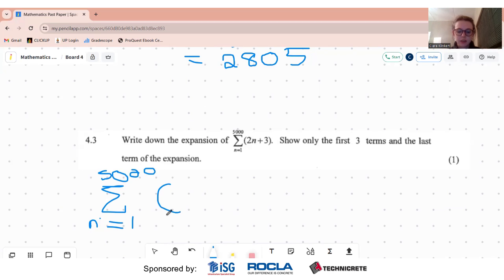What you put in the brackets is like telling the sum, I want you to take the sum of a series where the values are determined by the formula 2n plus 3.